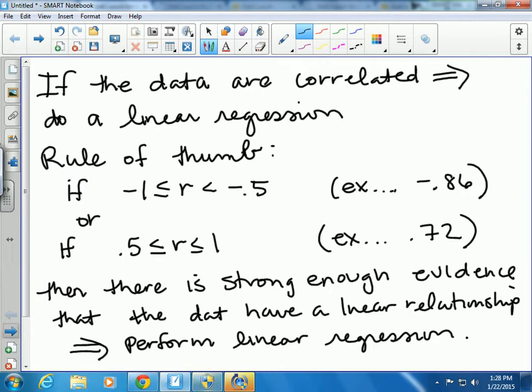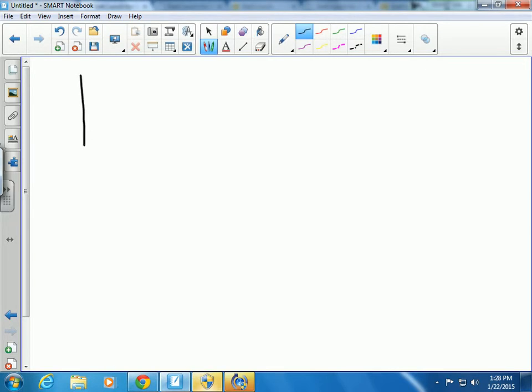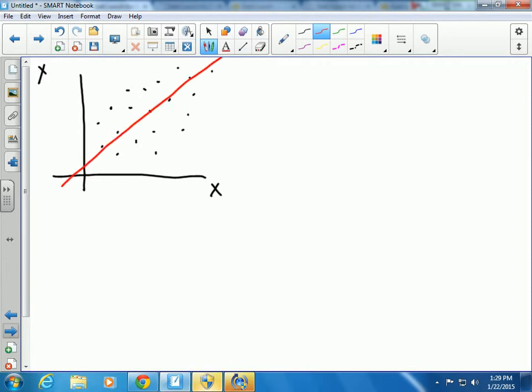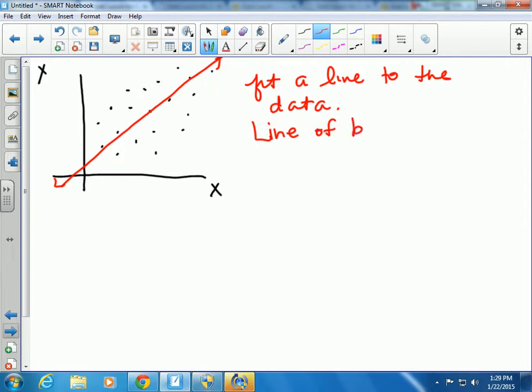What is linear regression? Okay, so if I have a scatter plot like this, and here's X maybe, and here's Y, and here's my data. Okay, that looks linearly correlated. What we're going to do is we are going to fit a line to the data. And that line is called the line of best fit.